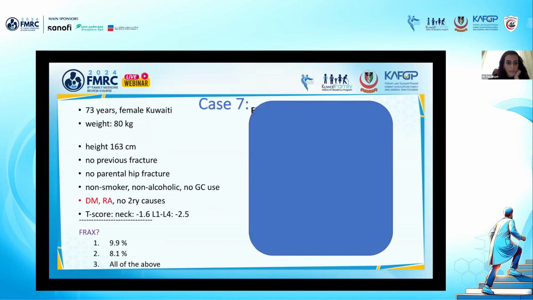Okay. Case number 7. This is the last case, I think. So there are 2 risk factors, please. Diabetes and rheumatoid arthritis. And you will come to patients who do have these 2 conditions, diabetic, which is very common, and rheumatoid arthritis.